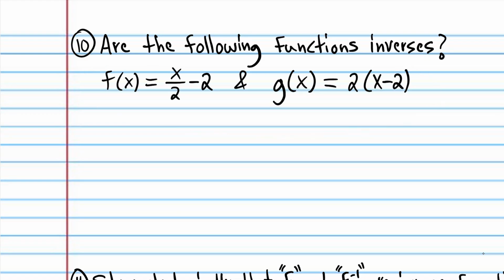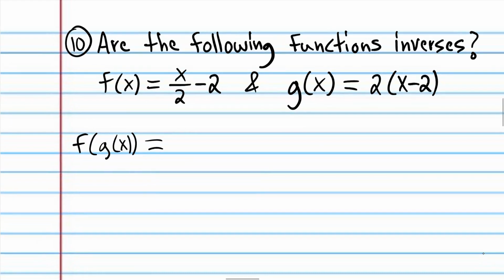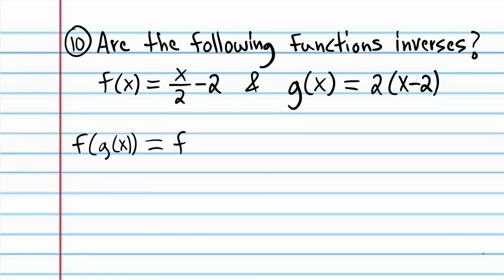So in order to determine if functions are inverses, we simply find the composite function, or an expression for the composite function. And if we get x, then we know they're inverses. If we get something other than x, then they're not inverses. So what this means is that we're plugging g into f. Isn't it true that this is g?